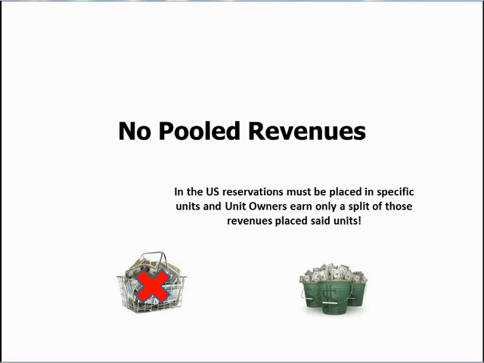And finally, in the last panel here, no pooled revenues. In the United States, it is different than it is up in Canada, and it is also different than in Dubai, where I was just. It's different there. Pooled revenues are illegal. But here, there is a match. You are actually putting guests into a room, and there is a split of revenues that is earned based on the rental management agreement with the owner of that unit.